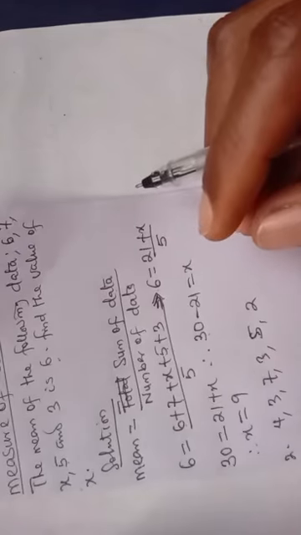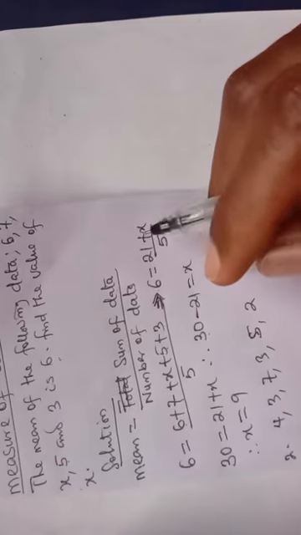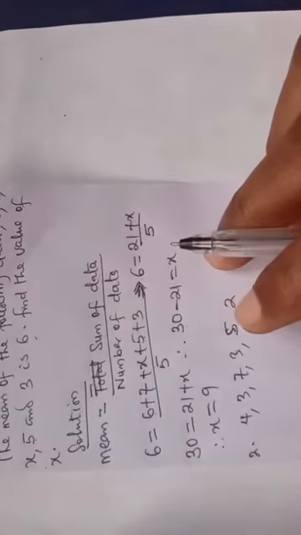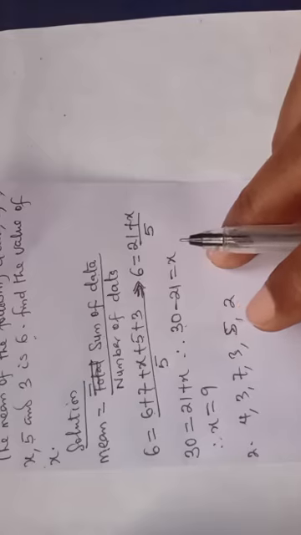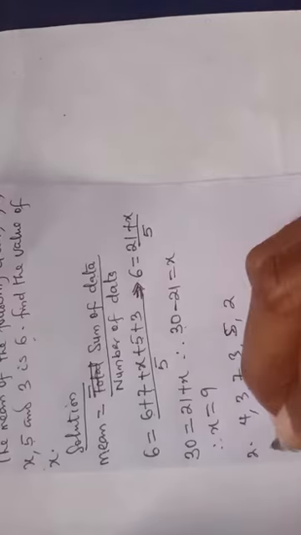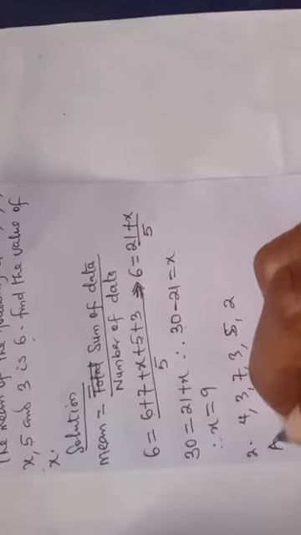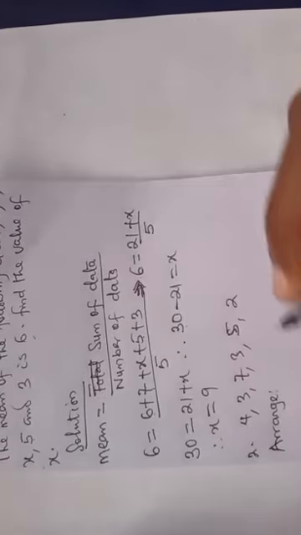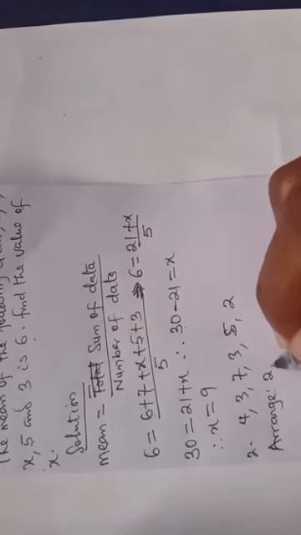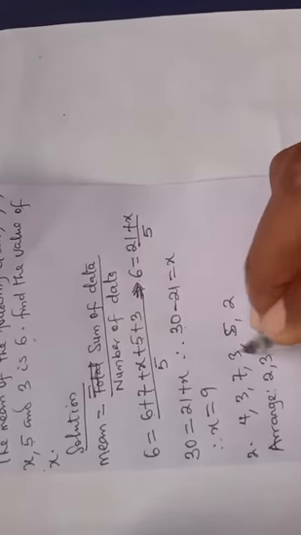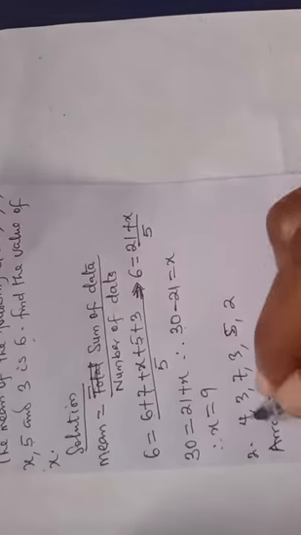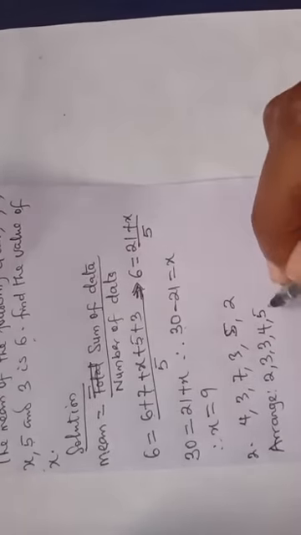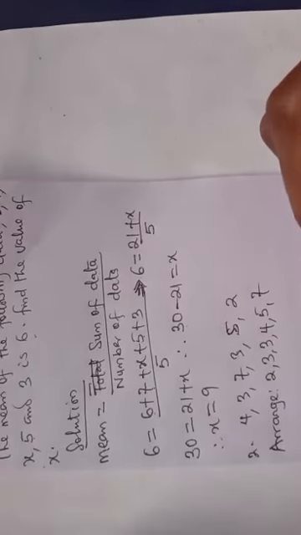Of course, in median, we're going to arrange this number in ascending or descending order. Ascending means from lowest to the highest. So let's arrange. I'm going to have 2, 3, another 3, 4 follows, followed by 5, then 7.